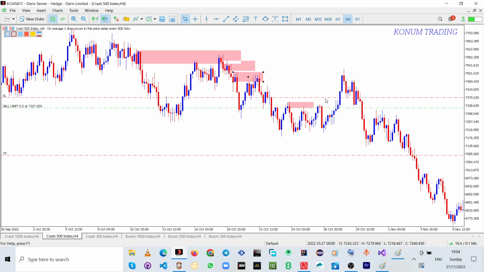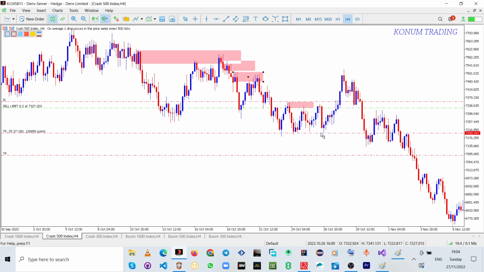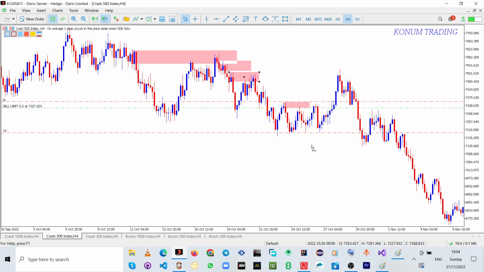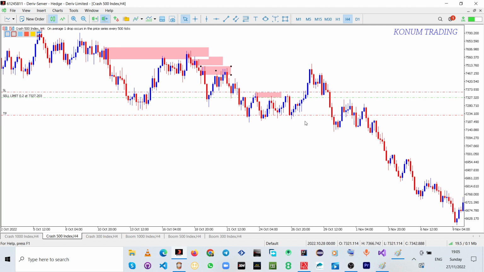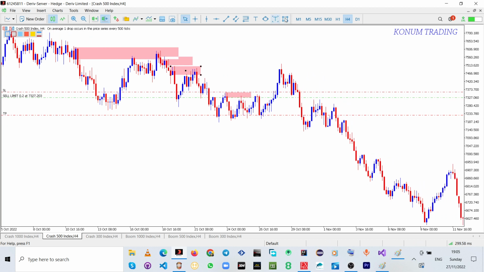On this particular trade, you'll be risking $6 for $25, guys. Imagine that. In the zone right here, $6 to get $20. The next zone is right here.